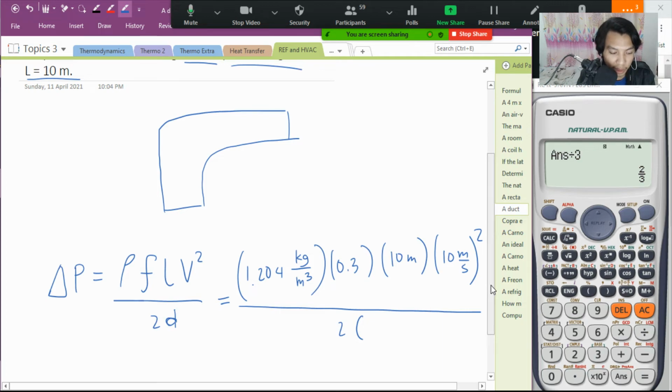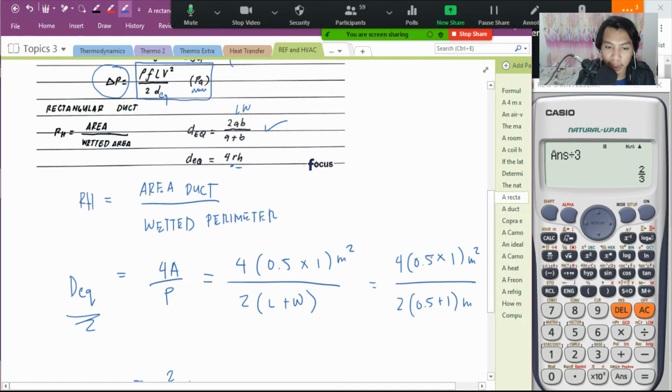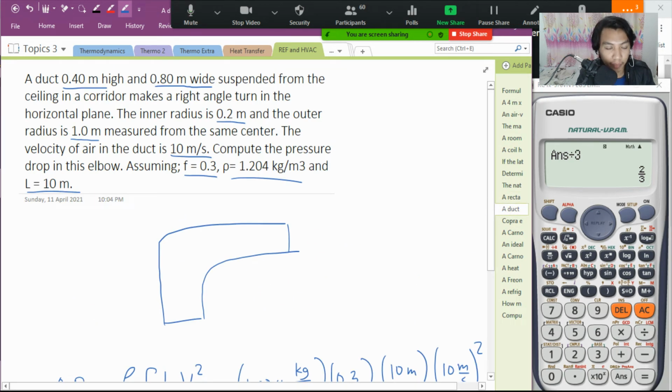Equivalent diameter. Ngayon, binigay na sa'yo dito yung inner radius of the duct. Ang gagamitin mo dito now is, ito naman, 2AB divided by A plus B. Binigay na sa'yo yung duct. Sir, inner radius ba ang gagamitin natin? No. Ito pa rin, duct, high and wide.